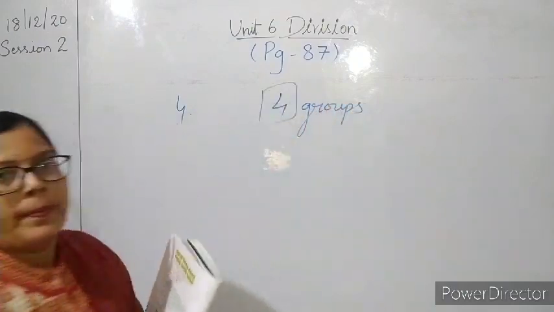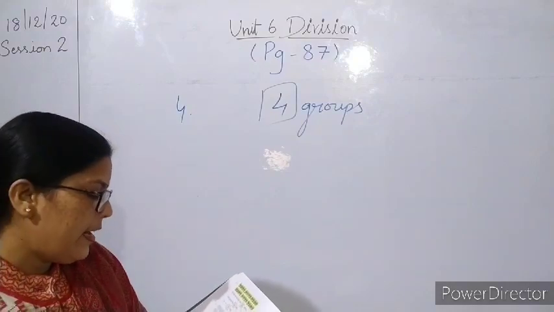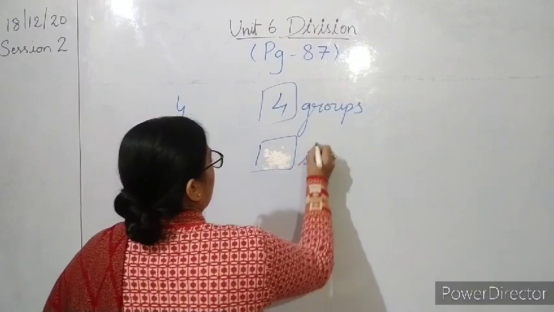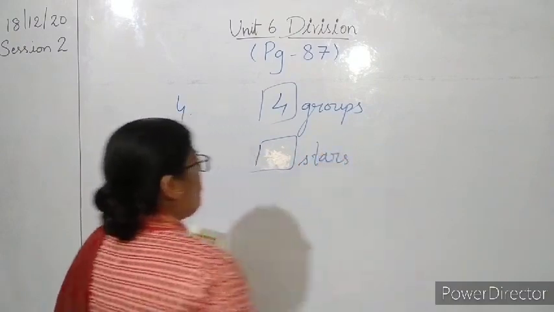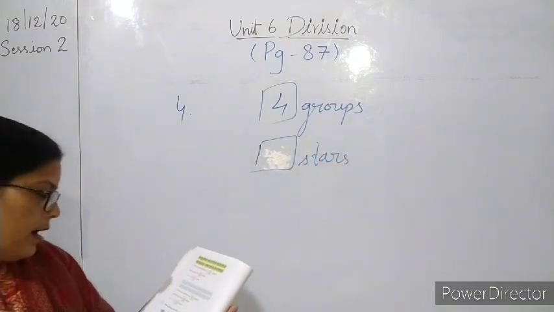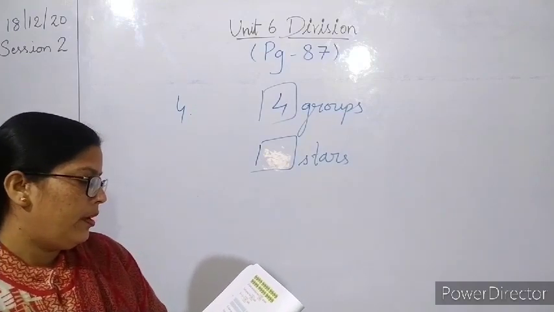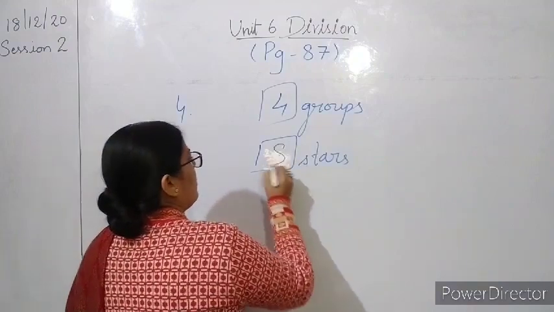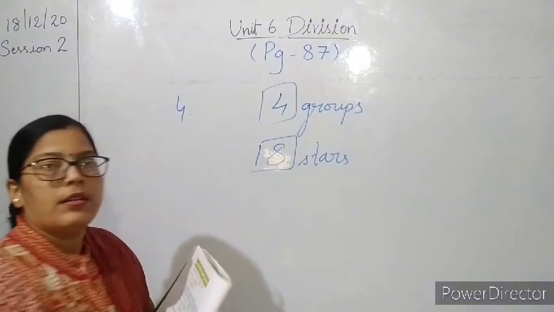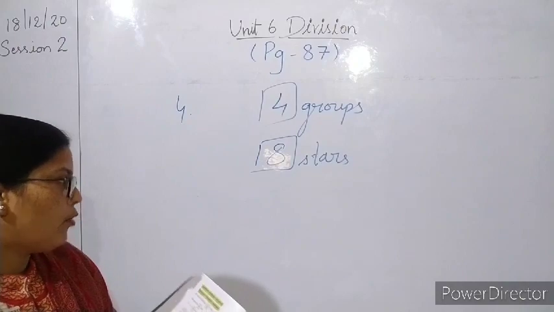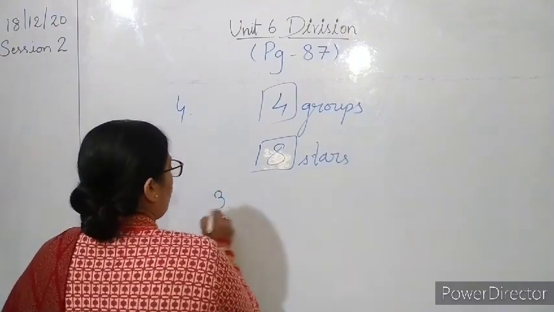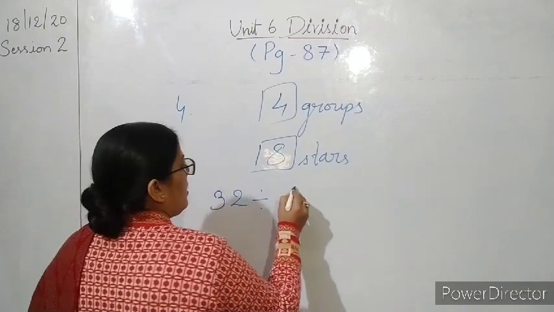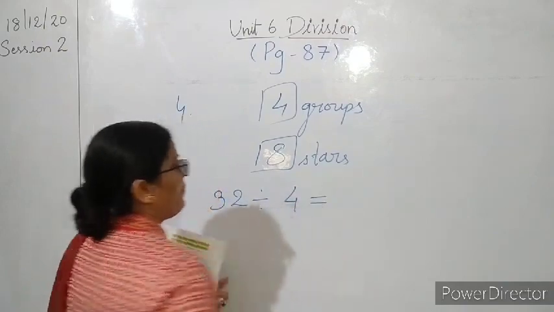Okay. Then each group has how many stars? Count and find out how many stars are there in each group. There are 8 stars. Now the division fact given is the total number of stars, the total number of items, divided by the number of groups, that is 4.